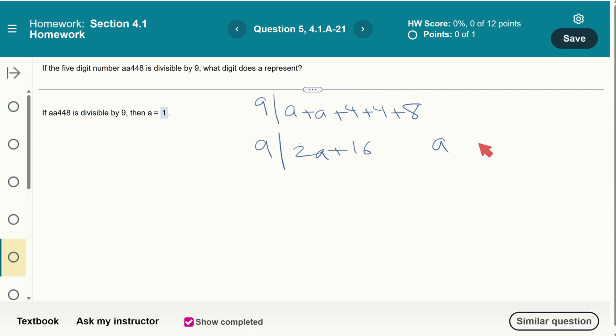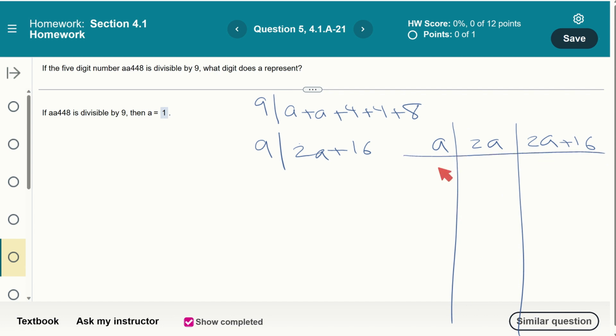I'm going to say A. Then I'm going to look at 2A, and eventually I want to get to 2A plus 16, right? Remember, obviously, the possible values for A are 0, 1, 2, 3, 4, 5, 6, 7, 8, 9, right?